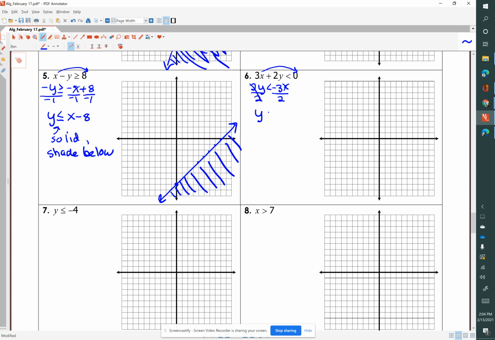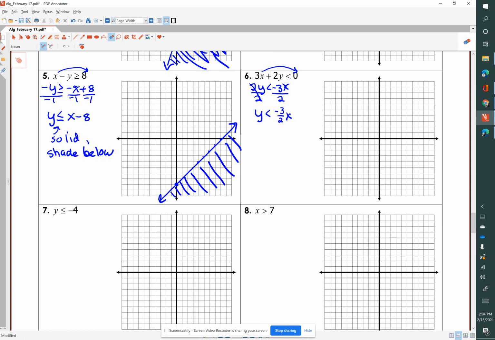And we do not need to flip the inequality because we did not divide by a negative. Y is less than -3/2x.